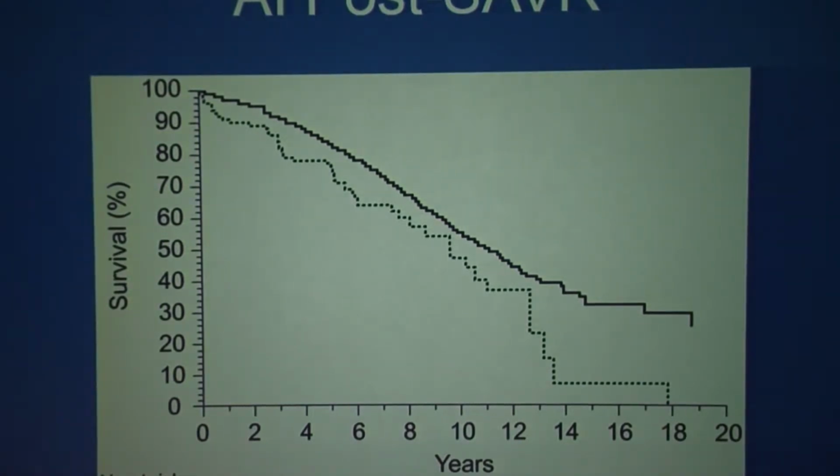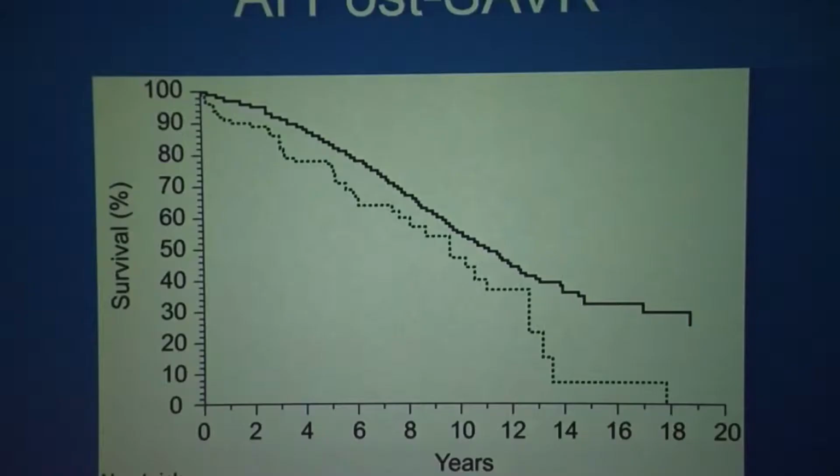Here, the incidence of paravalvular leak is a lot lower in surgical AVRs, but you can see that patients who have mild or no AI post-surgery, which is the solid black line, have a significantly better prognosis than the dotted line, which is patients who have severe or moderate AI.